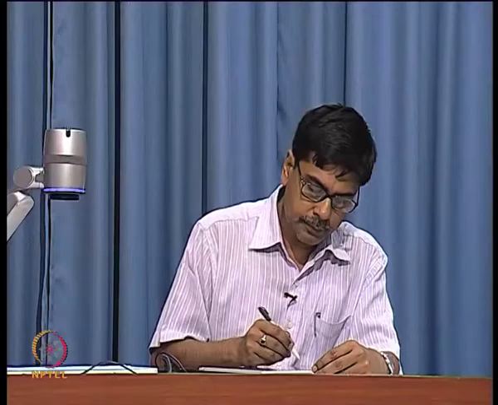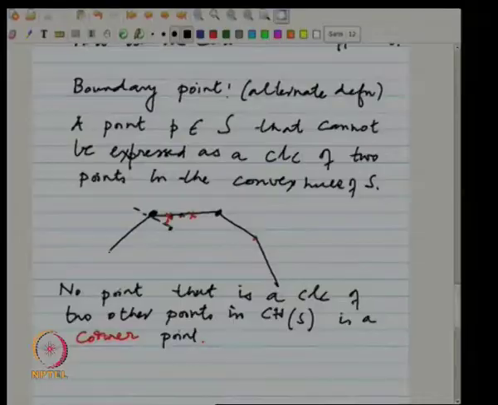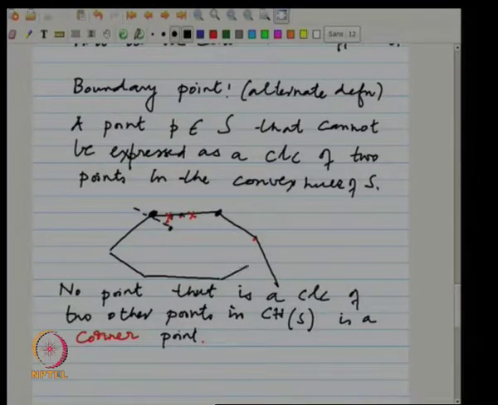So any point in the interior, suppose this is the convex hull, any point which is in the interior, you can actually figure out that it is a convex linear combination of 2 points, right.